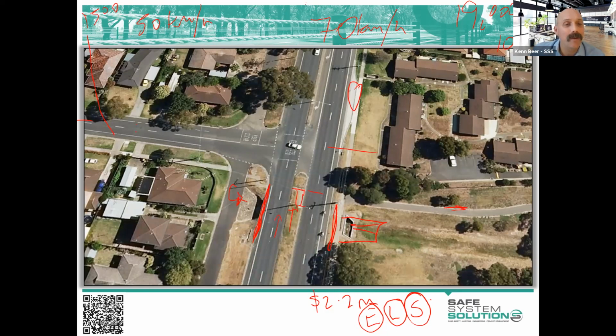Because remember, when somebody hits that barrier, that's a crash, okay? We just know the severity of that is really low compared to the severity of dropping into the culvert or hitting a tree.